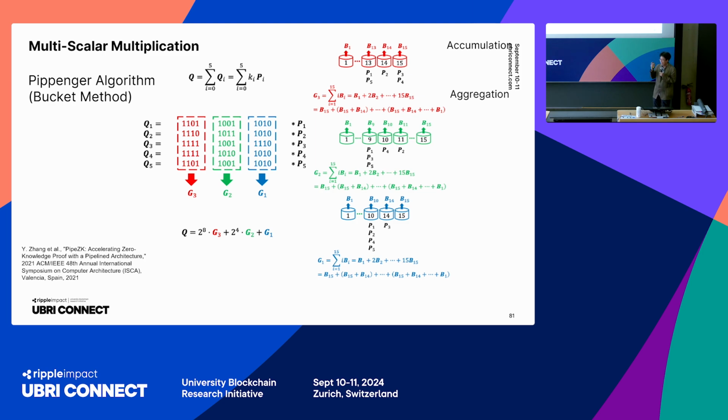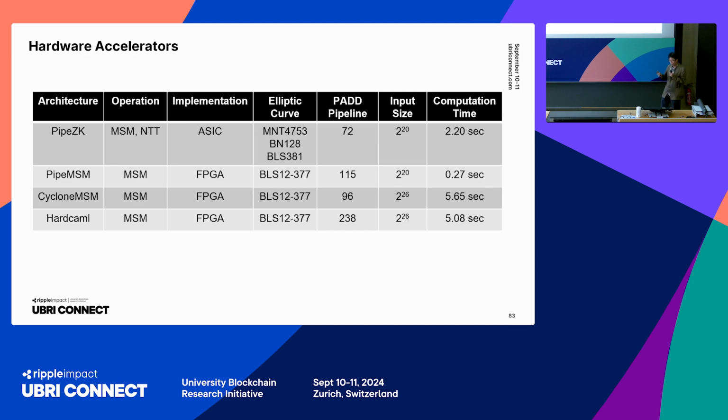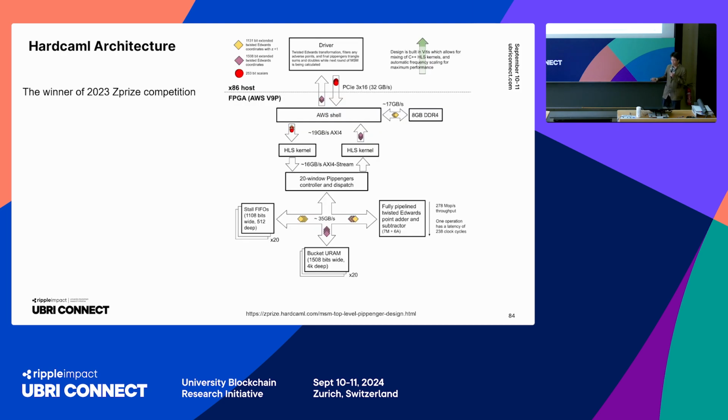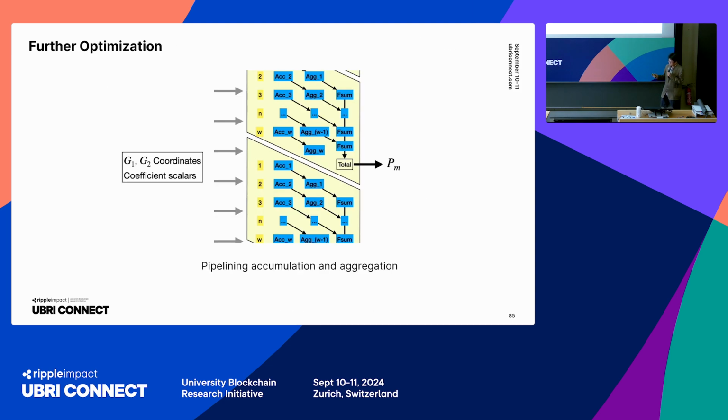a little bit more. In the previous Hard Camel architecture, the aggregation is done in software. But we are going to implement the aggregation in hardware so that we can reduce the overhead of data movement as well. The bucket method, as the name implies, uses a number of buckets, which means we need to store some intermediate results in memory.